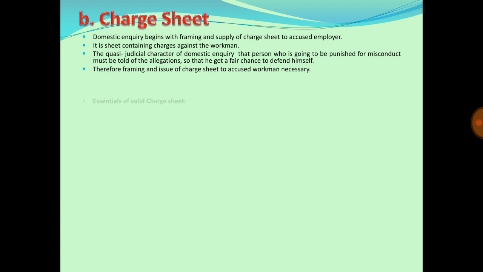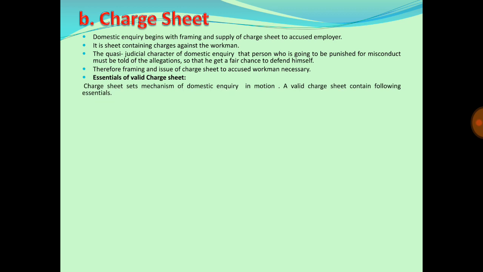It is very necessary. Now we have to see what the essentials of a valid charge sheet are. For the validity of a charge sheet, it must contain the following essentials. The first one is that it must be clear and not vague.